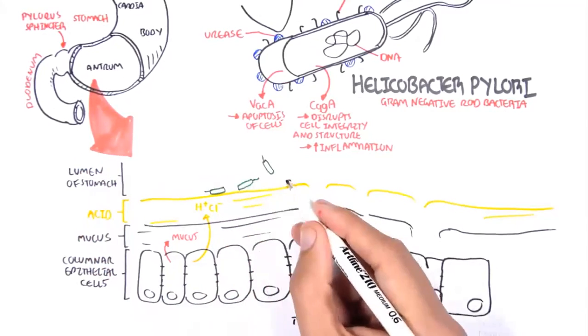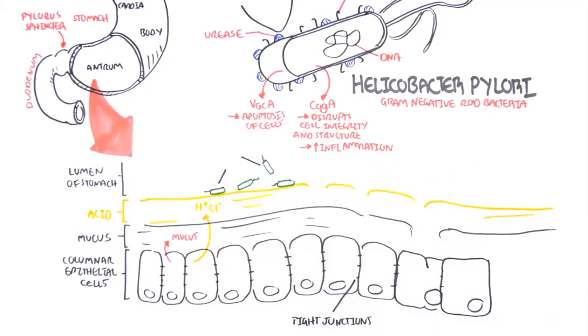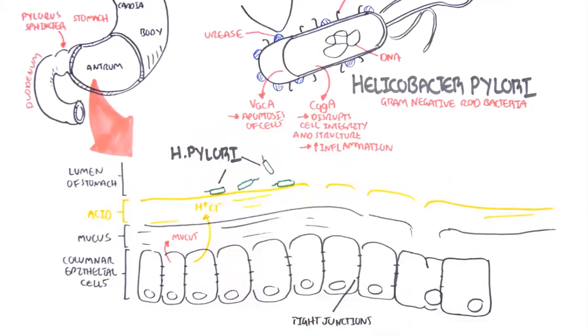And here you are watching the bacteria, H. pylori, present in the lumen of the stomach. Now, this bacteria has the urease enzyme, which converts urea in presence of water into CO2 and ammonia.